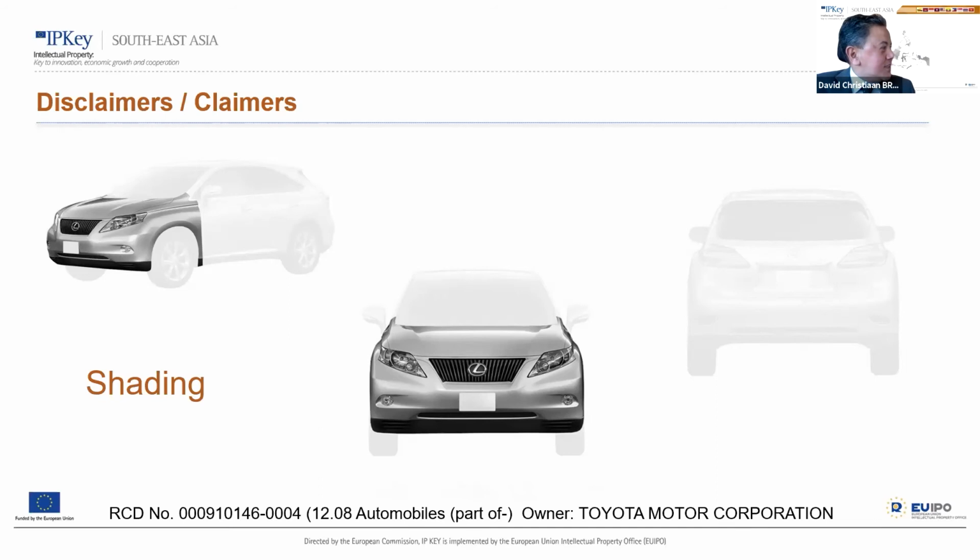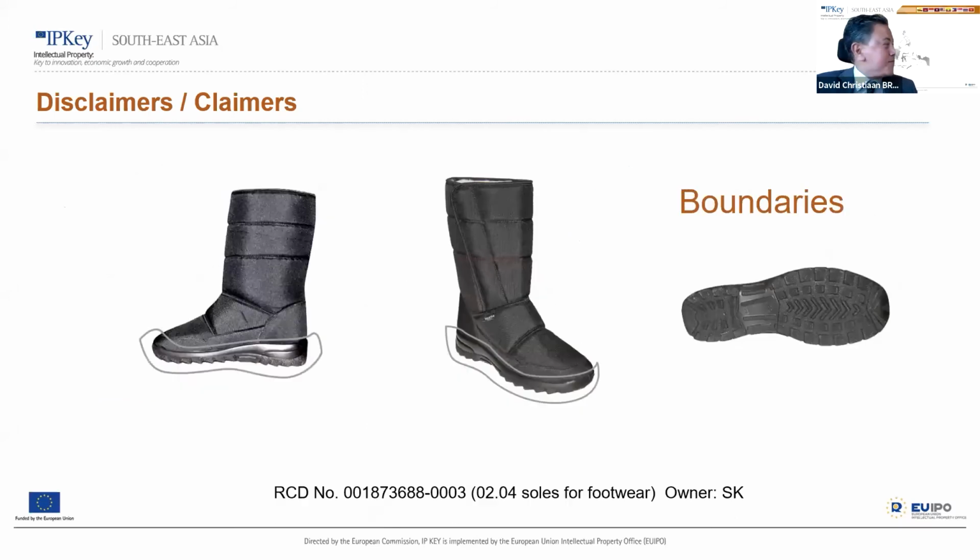Maybe you would say, the last one, the back of the car, why is it there? But this is the most clear way, because then you know that the part that is registered is not visible from the back. So this is why this image is also important. So this is also a good way of representing a disclaimer.